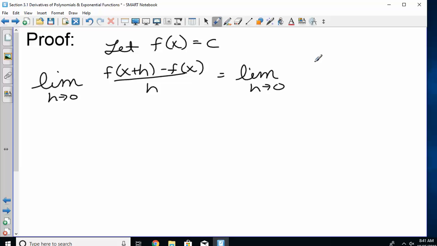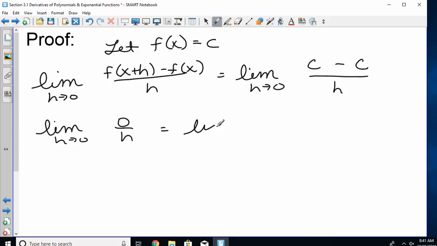The same number, it's just c, right? Minus f of x is c, over h. So I get 0 over h, or the limit as h approaches 0 of 0, which is 0. So for any constant, you no longer have to go through the definition. If you see a constant, you can automatically say its derivative is equal to 0.